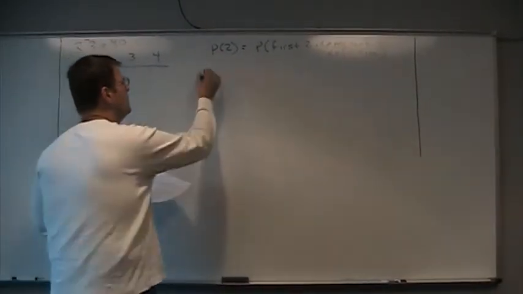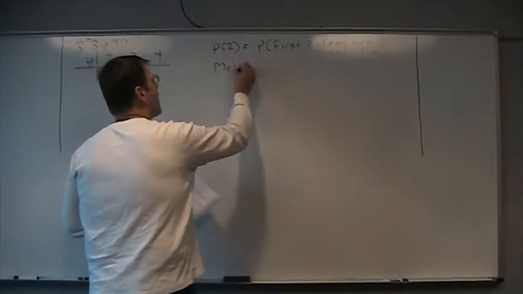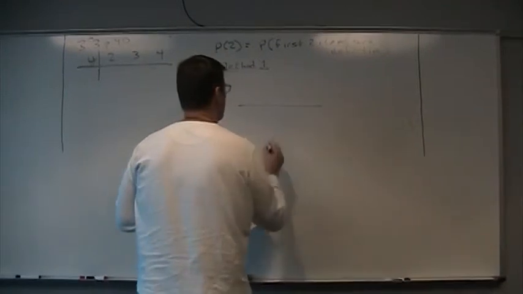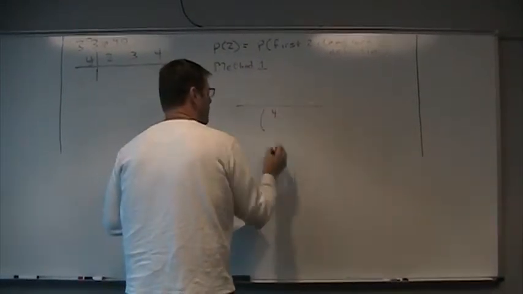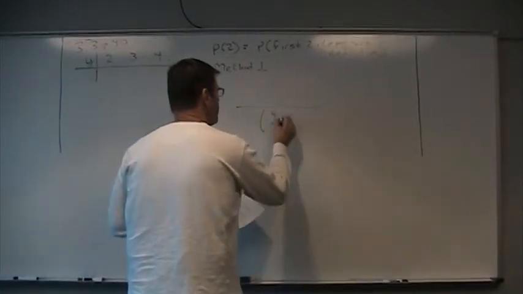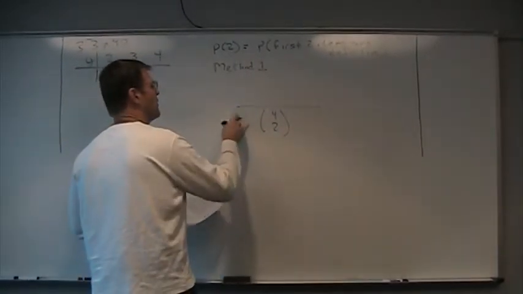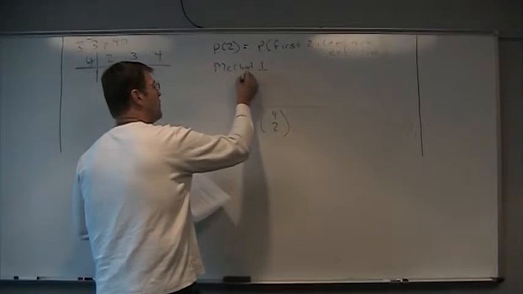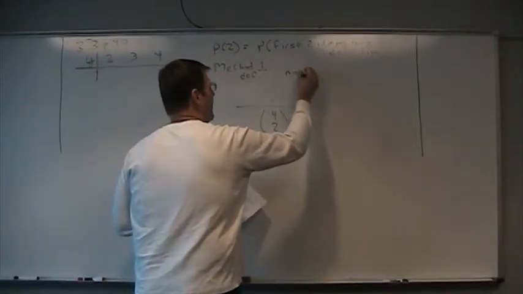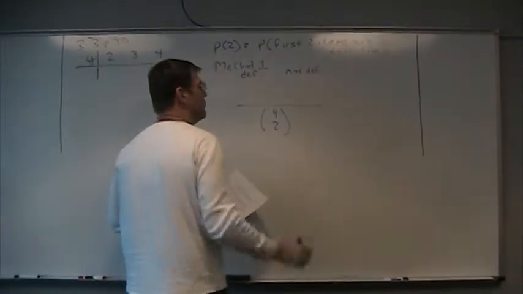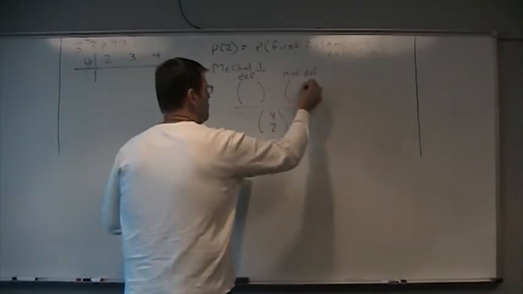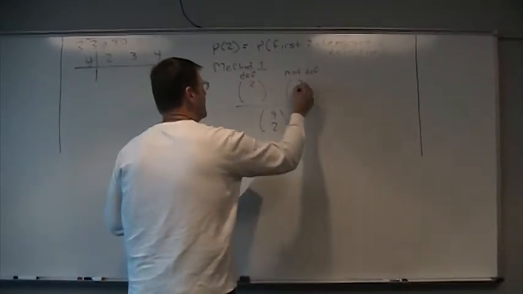This is method 1. We have 4 items in our population. We're choosing 2 of them. As far as we're concerned, the population is split up into the defective and those that are not defective. We're told 2 are defective and 2 are non-defective.